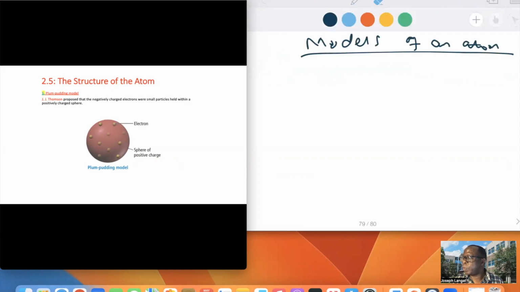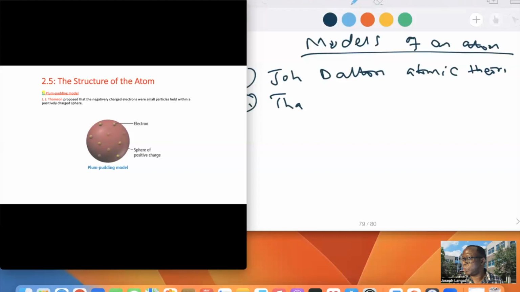If you want to make your own notes, this is one: John Dalton, atomic theory. Two, Thomson model of an atom we call Plum-Pudding model.